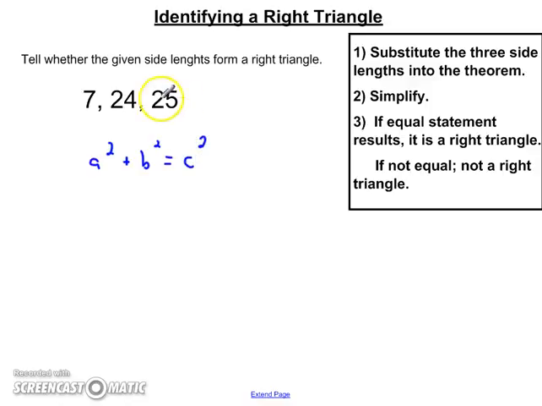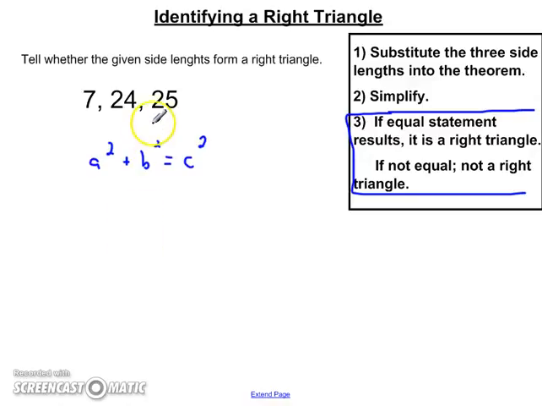So we're going to substitute these three values into the formula, and what we're looking for, and this is the important part, is if the statement ends up being equal, then we have a right triangle. If not equal, then we don't. It's a yes or no type of a thing.